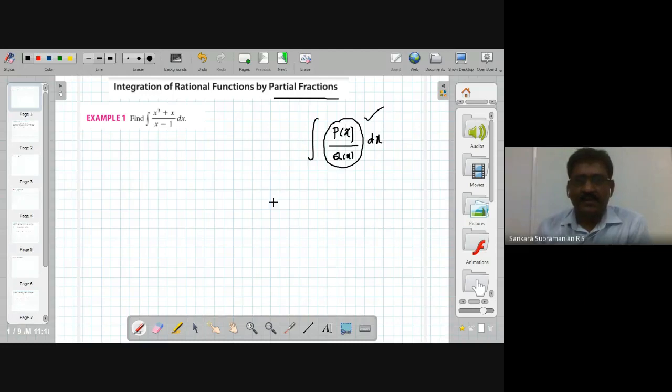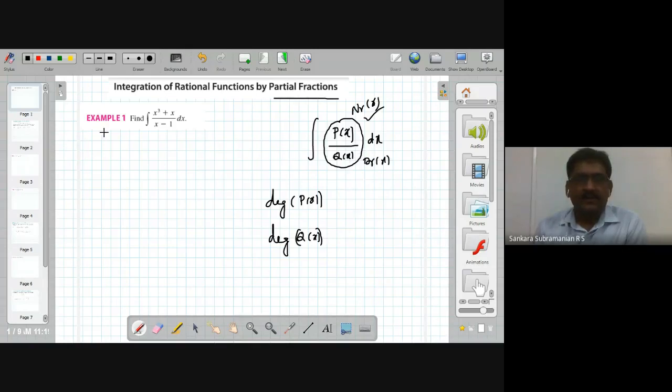So you can call it the numerator, and in the denominator you have a polynomial function.